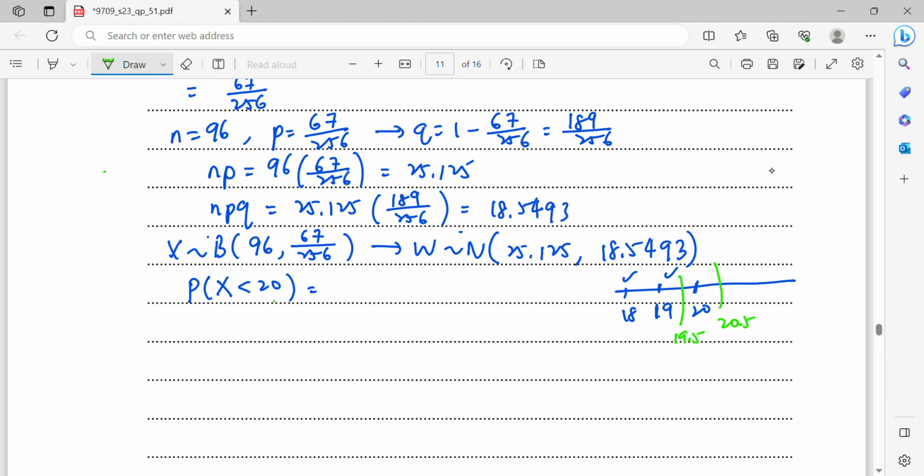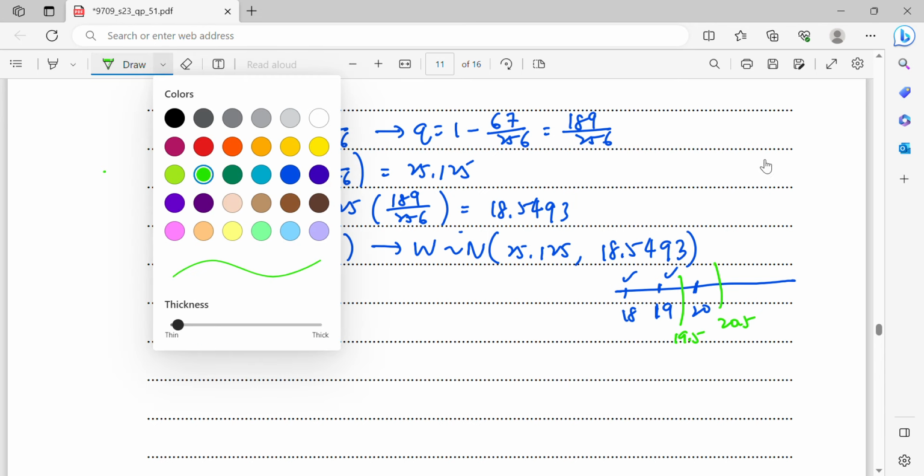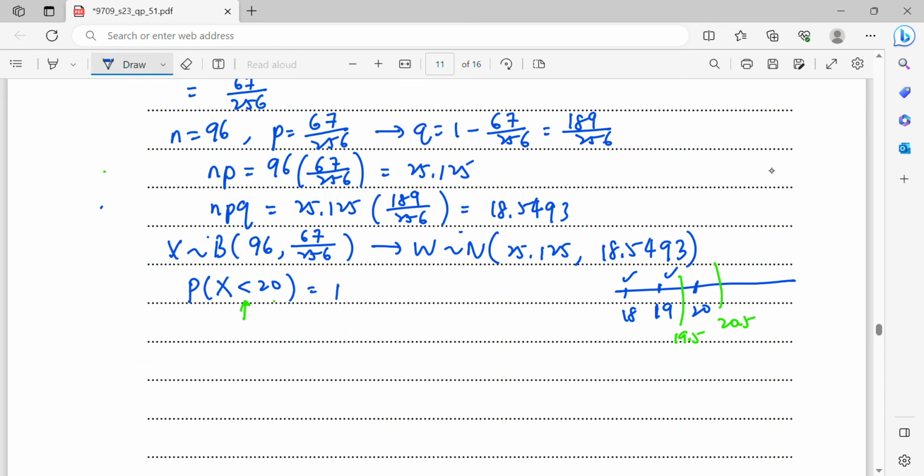And now we follow this symbol less than, which means I will write P(W less than). When less than means the region, the values will be towards the left hand side. So obviously to include these two ticks, I have to choose 19.5. Then I will standardize it because your W is normally distributed.